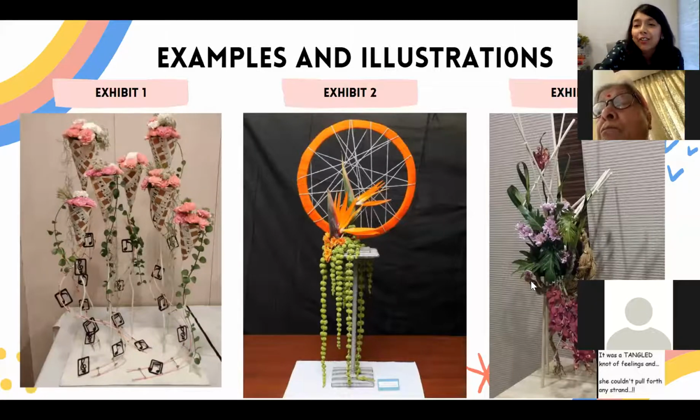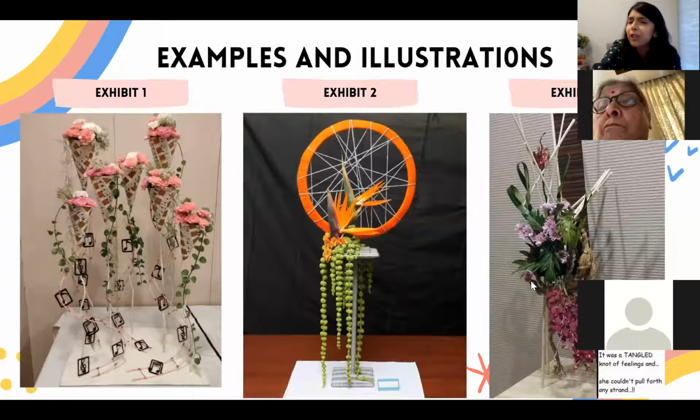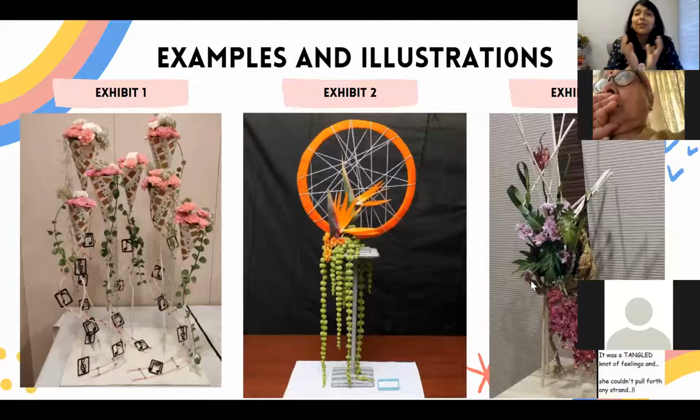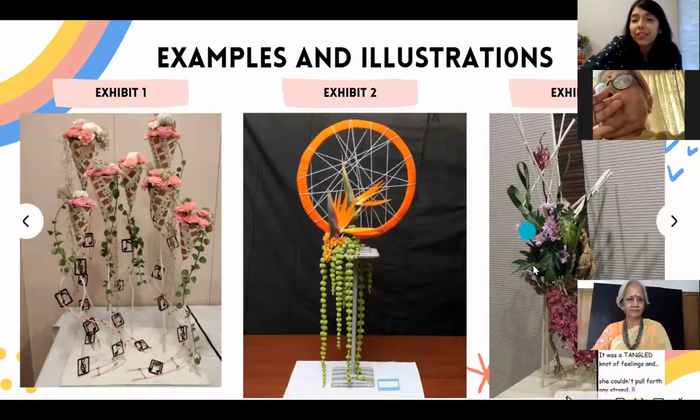And you can read there, it nudged her as he held her hand. It was a tangled knot of feelings, and she couldn't pull forth any strand. So there is this emotion wherein you want to stay here, no, you want to go there. So this is a beautiful story which is represented by this tangled design here.